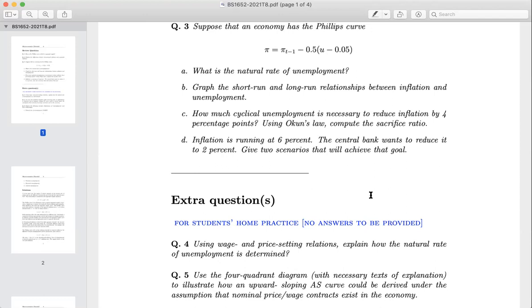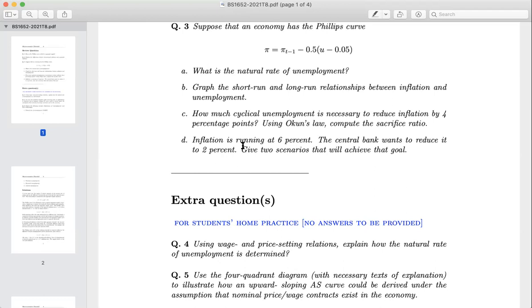It's how much output you need to lose. You multiply the sacrifice ratio by how much inflation you want to reduce. If I want to reduce inflation from 6 to 2%, that means 4%. If the sacrifice ratio is, say, 2%, then 4 times 2 gives us 8%.